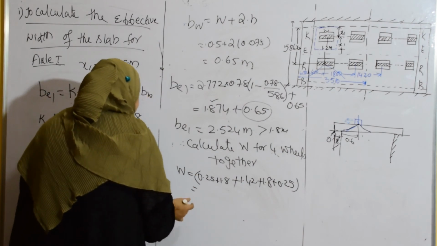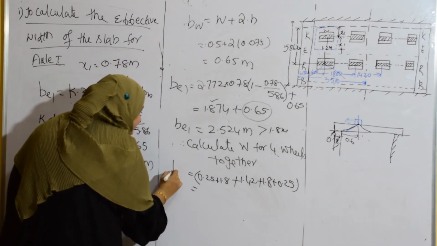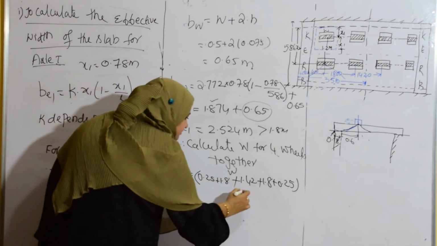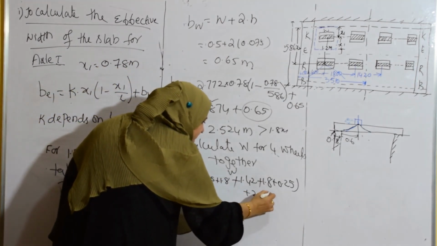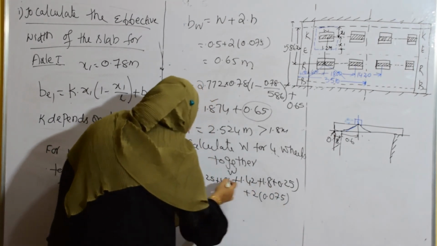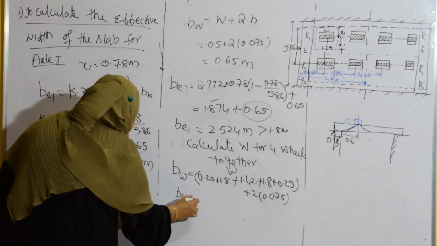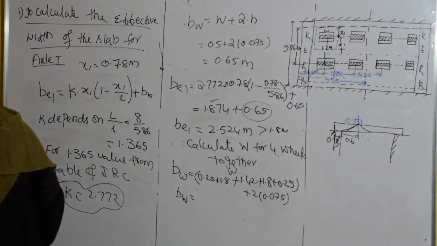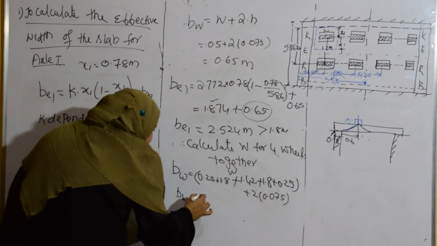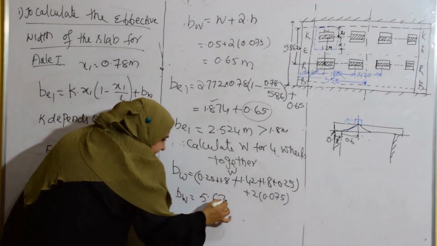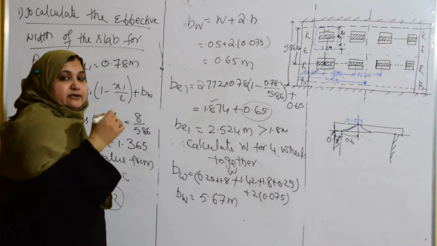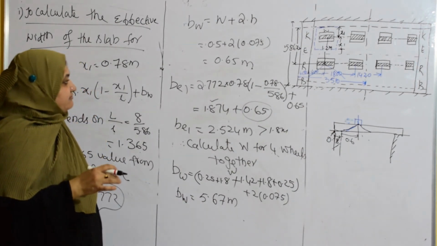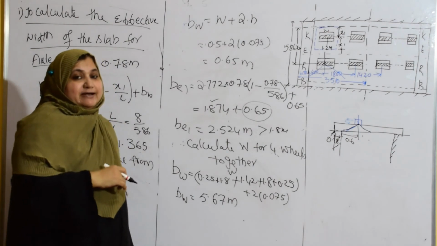BW is equal to W plus 2 into thickness of wearing coat. So after revising, I get BW as 5.67 meters. Same value we got when we placed the load for finding the bending moment.